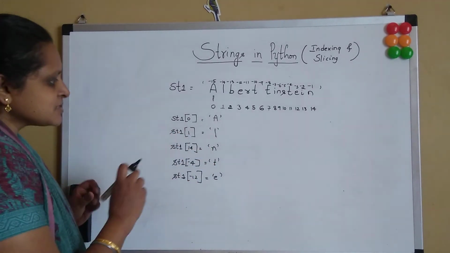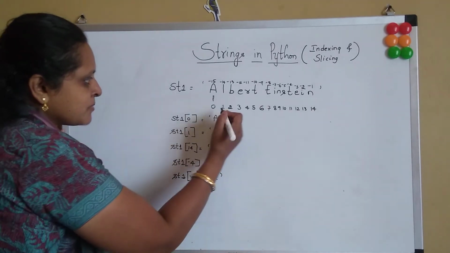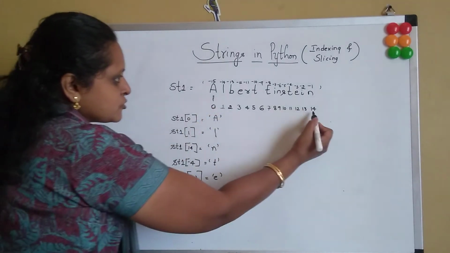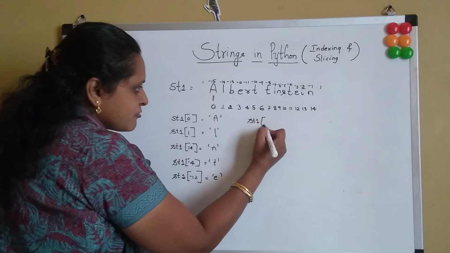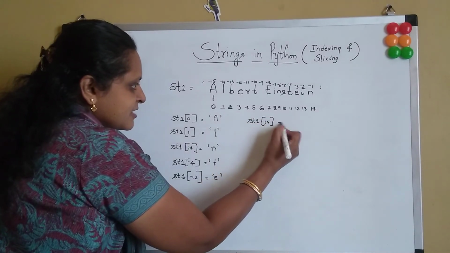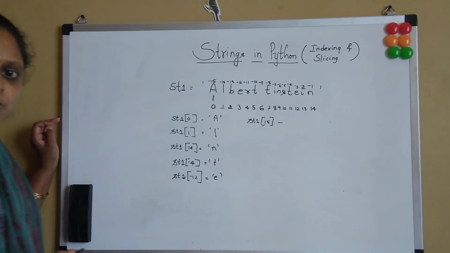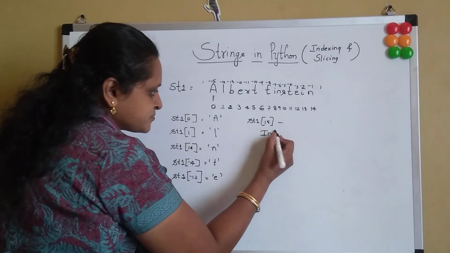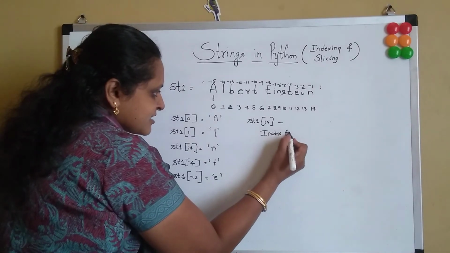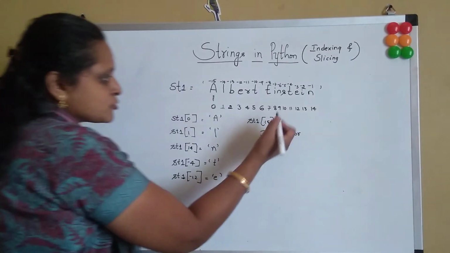Now if we give something out of range, my index is ranging from 0 to 14. If I specify st1 of 15, then the Python interpreter will throw an error saying it's an index error: index is out of range.